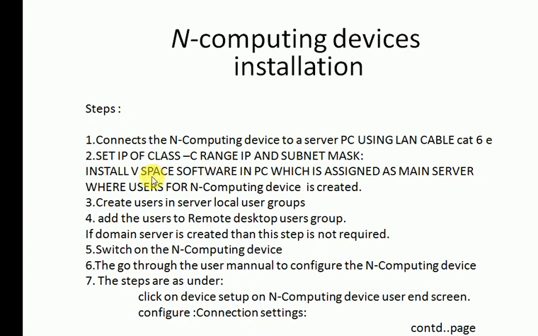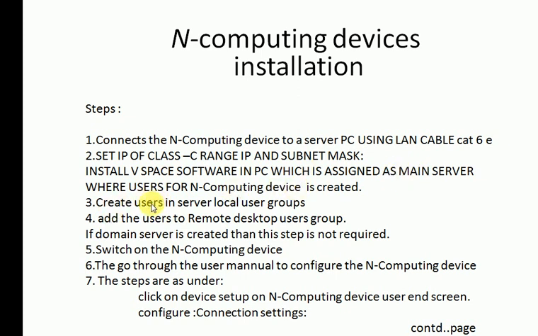Then install the software, like VSP software, in the main computer, which is called a mini server, but it can be a normal PC too. And then connect the Ncomputing devices to this computer, and users are also created in this main PC.